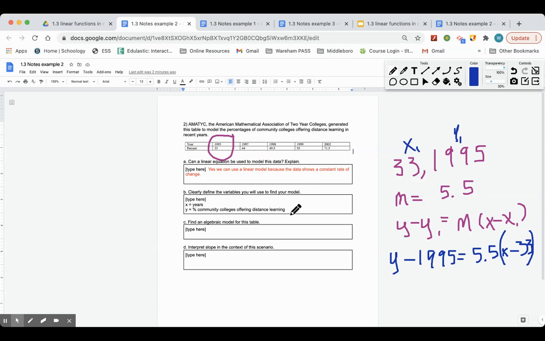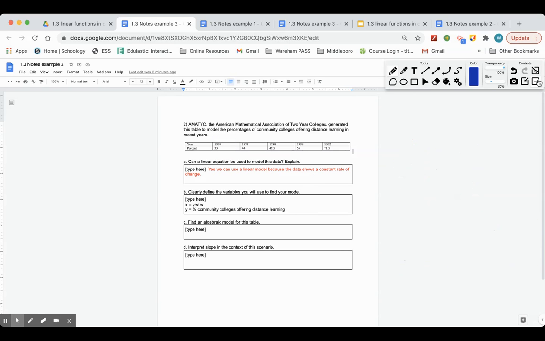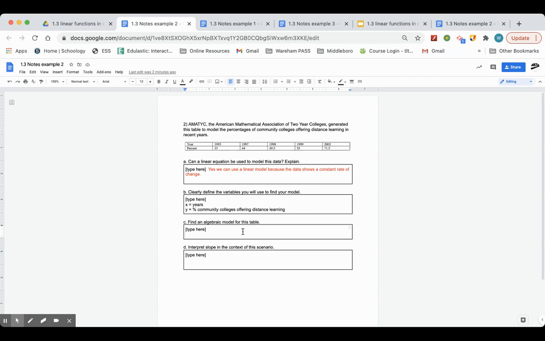Close that paren. Okay, so if I do it here in the doc: y minus 1995 equals 5.5(x minus 33).